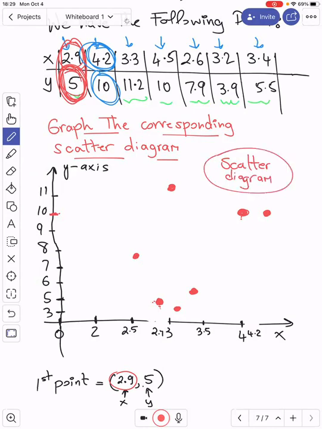All I did, guys, was plot all the points in this graph using two axes, the x-axis and the y-axis.